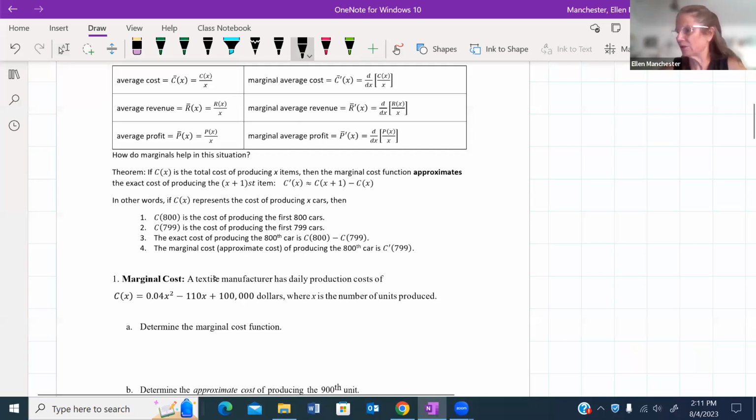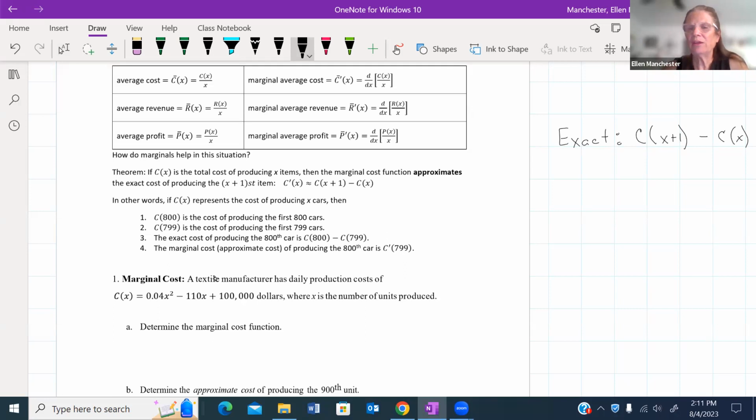So I'm going to write over here: exact. Exact is the cost of x plus 1 minus the cost of just x.